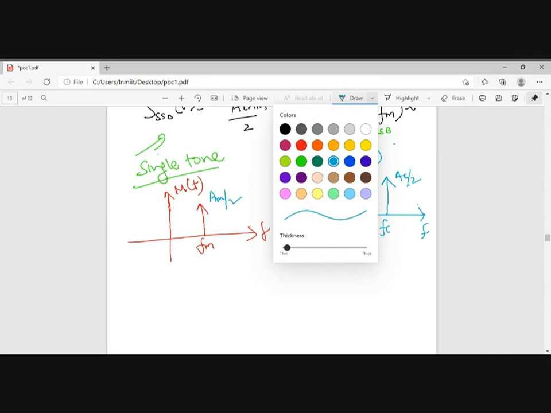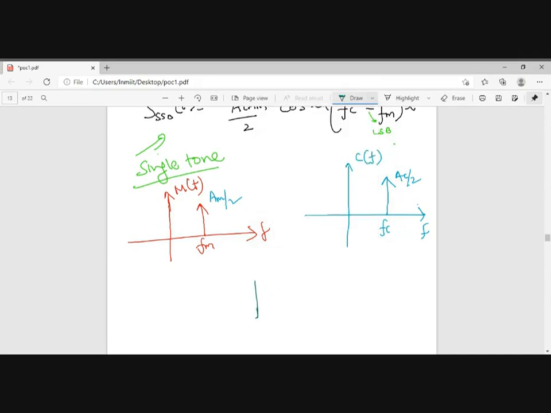And how will the spectrum of SSB-SC look? SSB(f). Frequency at fc plus fm, if I am drawing the upper sideband, and the amplitude will be Ac Am by 2, or by 4? No, 4, sir.